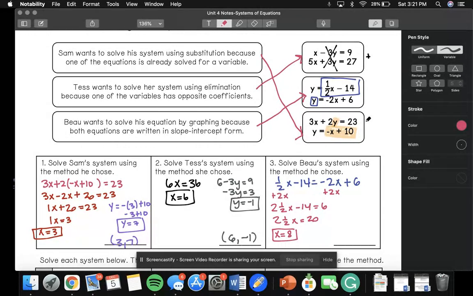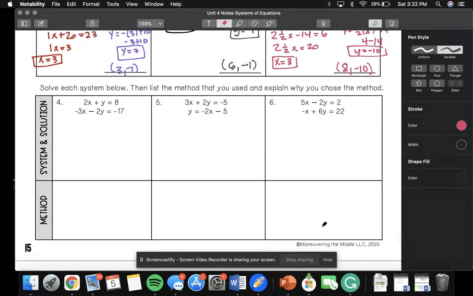Okay, then to figure out the other coordinate, we could use either one. 1/2 of the x minus 14, 1/2 of 8 is 4. 4 minus 14 is -10. So when x is 8, y equals -10. Again, obviously you could graph those. That is the method that we said would probably be the most efficient, but I do like substitution. You could just set them equal to each other.